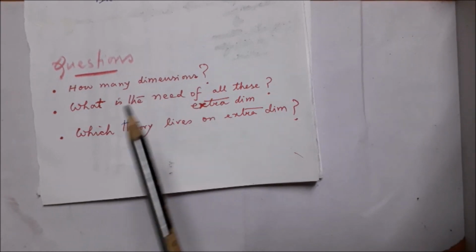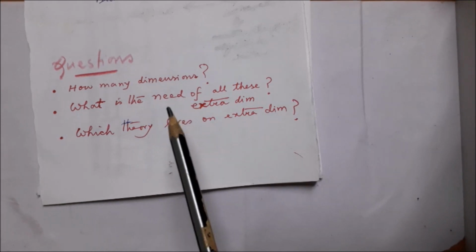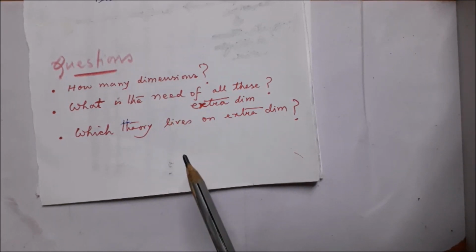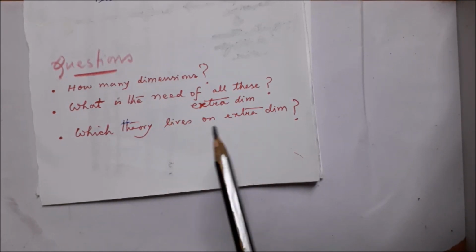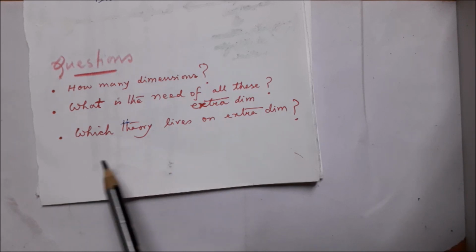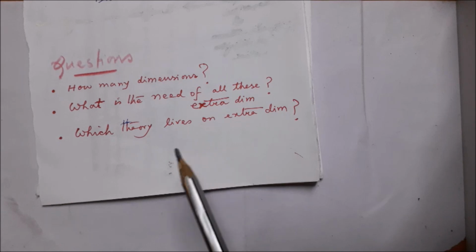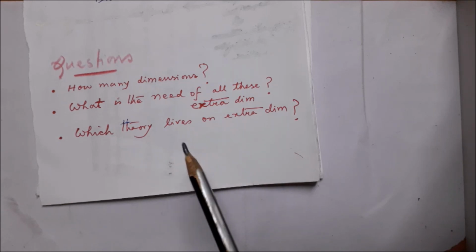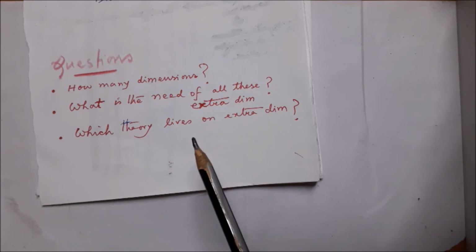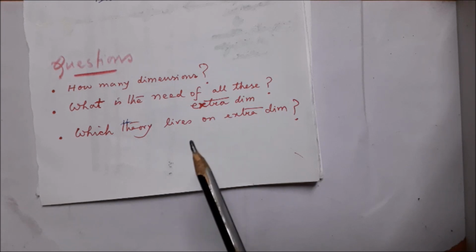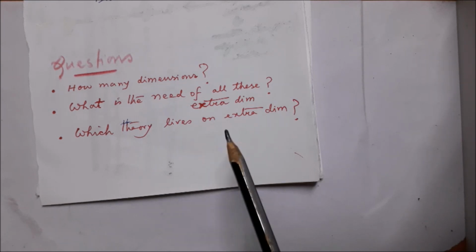The purpose, the aim, or the objective should be spelled out clearly in the beginning. And lastly, which theory increases our hunger or thirst, whatever, for searching for extra dimension, when 3 dimensions seems to be okay to live on with?